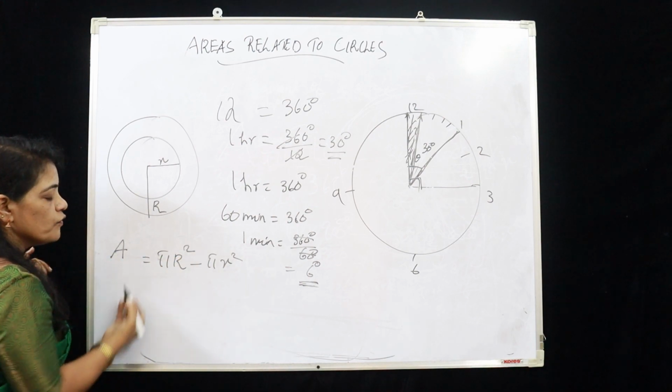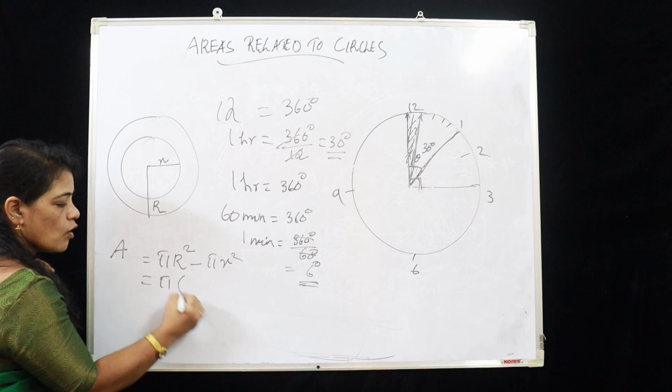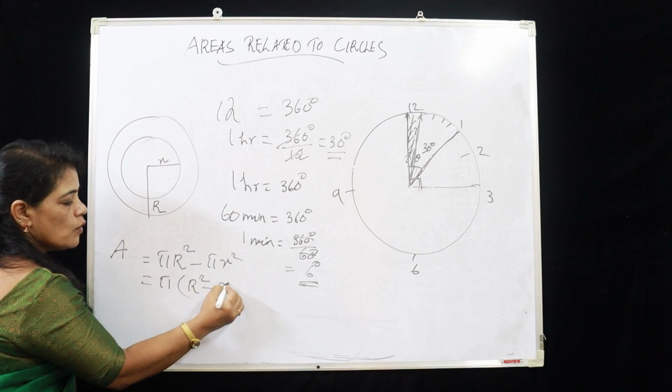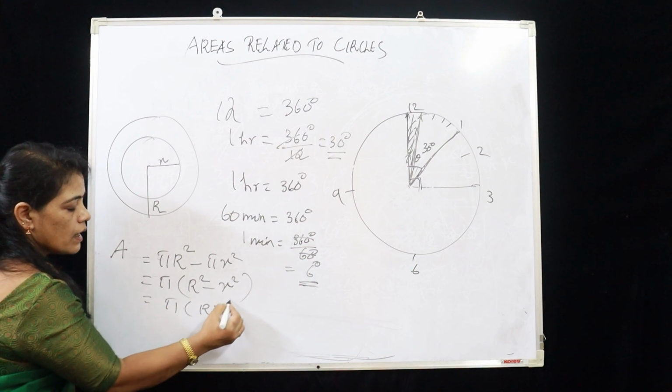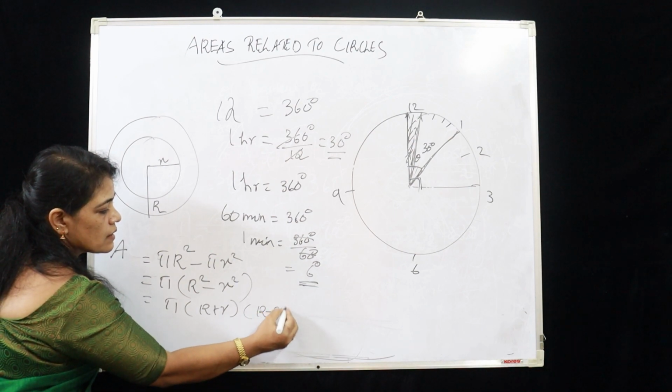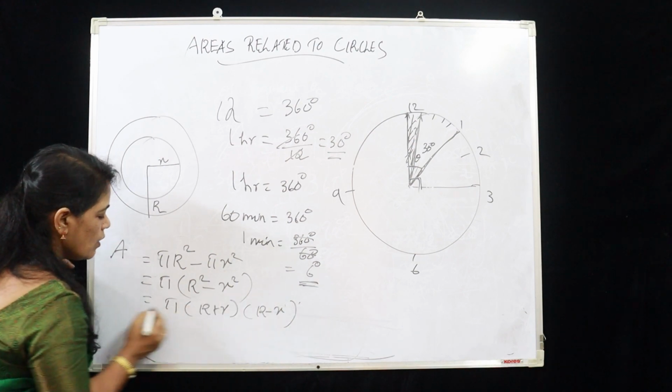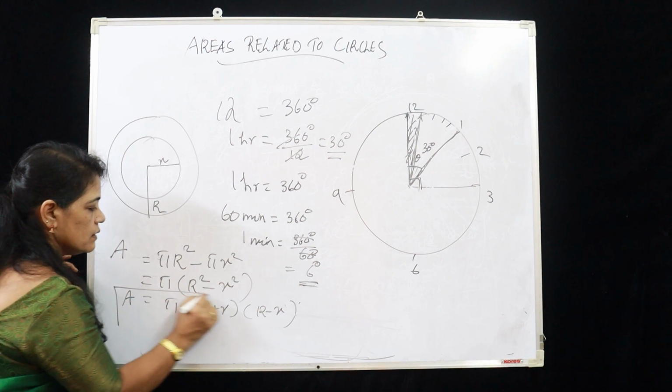You can take pi as common: pi into R square minus r square. Using a square minus b square, that is R plus r into R minus r. This is the area of the ring.